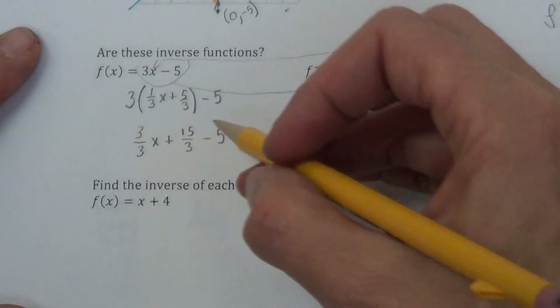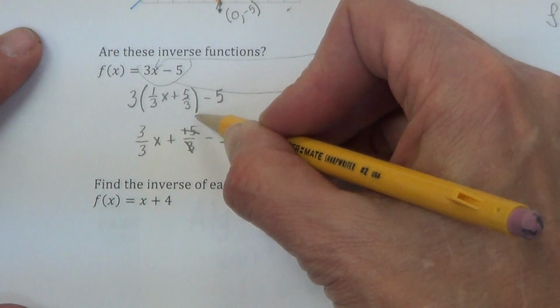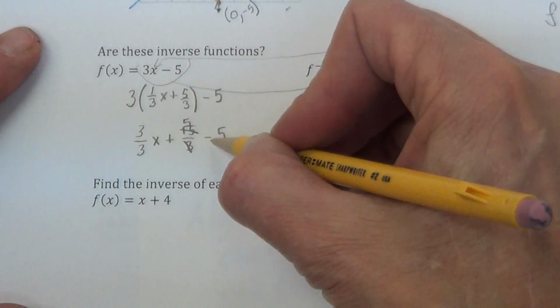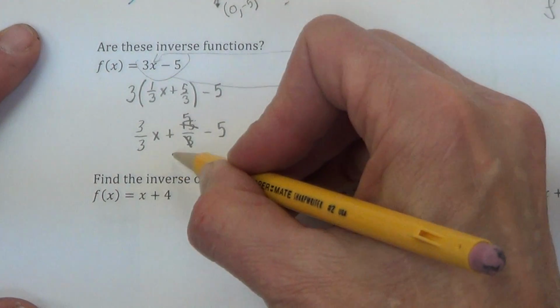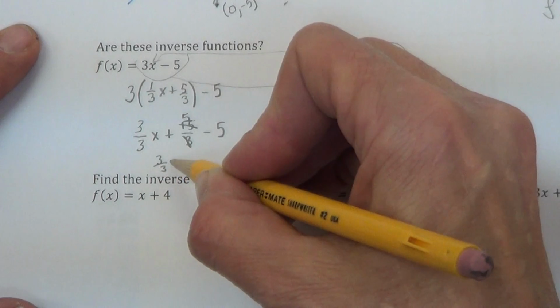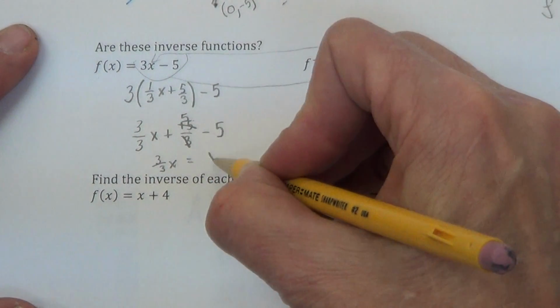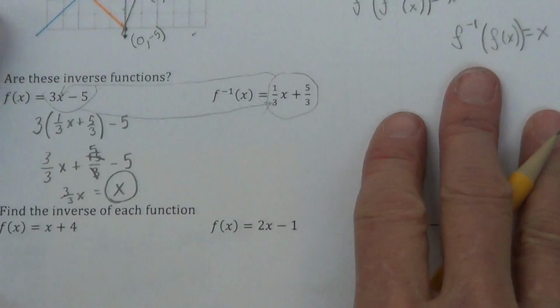Well, 15/3 reduces to 5 because 3 goes in there 5 times. 5 minus 5 will cancel, won't it? So we end up with 3/3 x, which is equal to x. So that one works. Now we need to make sure that it works over here.